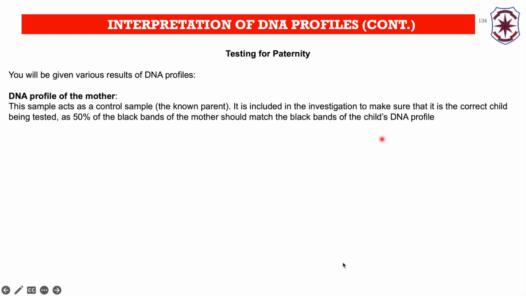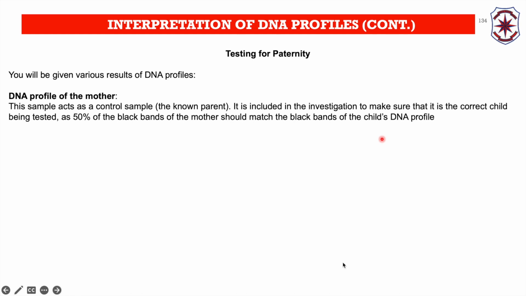So in order to close this gap, or to make sure that this does not happen, the DNA profile of the mother is included to make sure that the correct child, meaning the child of the mother, is the one being tested to determine who the father is.